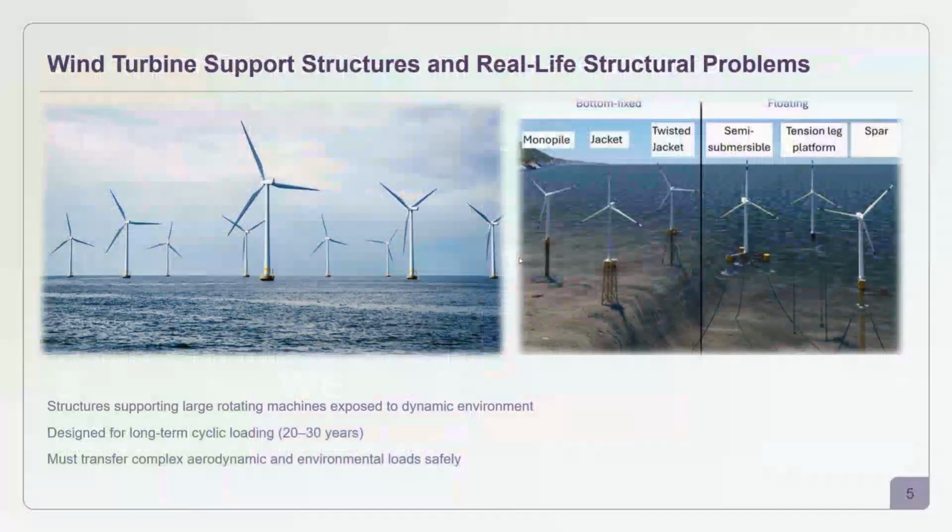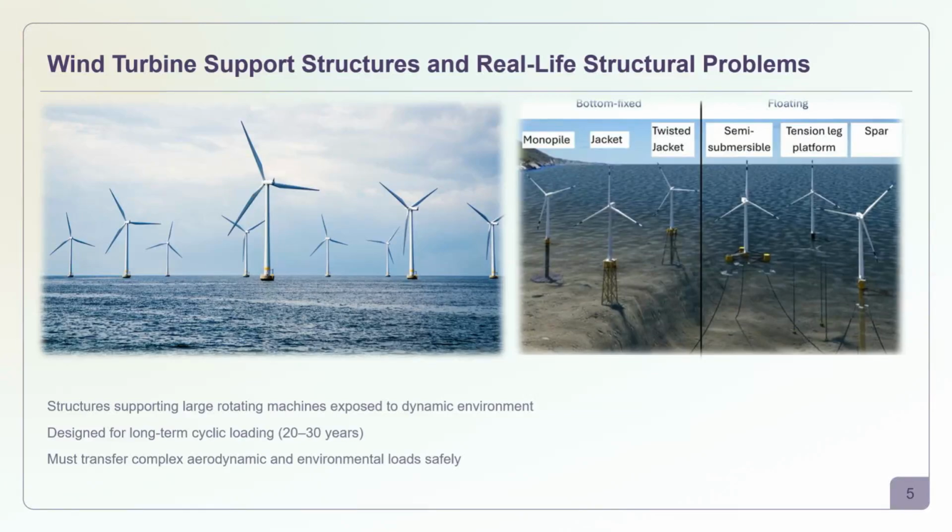Okay, a few introduction words, and we can start with today's topic. Wind turbine support structures and real-life structural problems. As you know, wind turbine support structures are a critical component in the modern wind energy system. They have to support large rotating machines, which are operating under continuously changing environmental conditions.